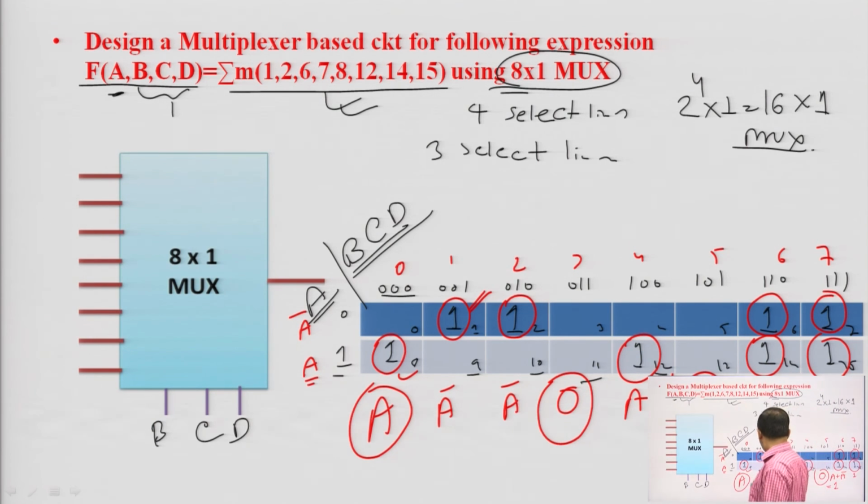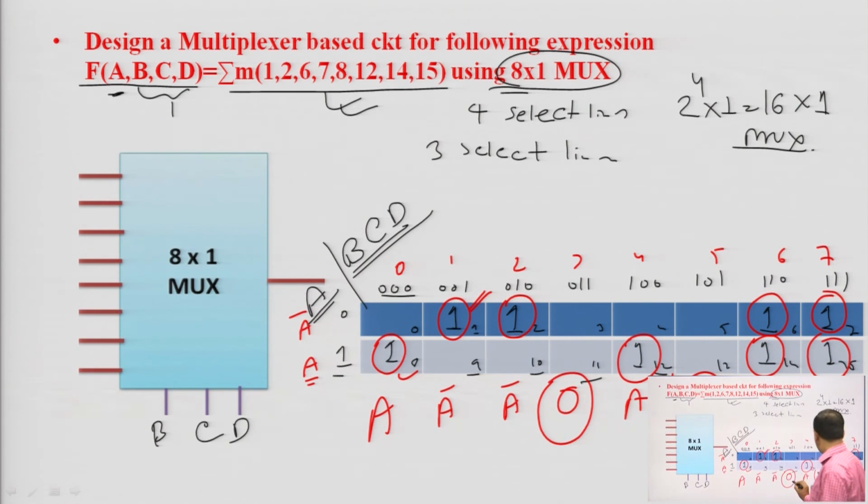Sorry, no, this is for 3 and 5, where for 3 and 5 we are having 0. So, logic 0 we are putting like this, here 0 1 2 3 4 5 6 7.